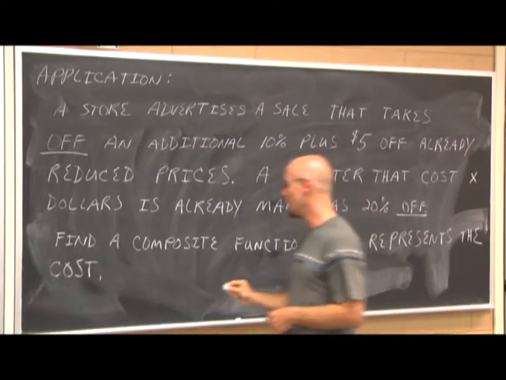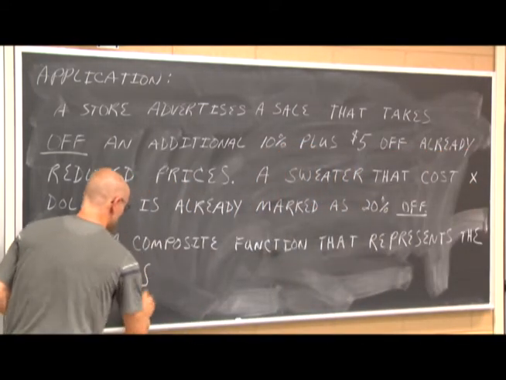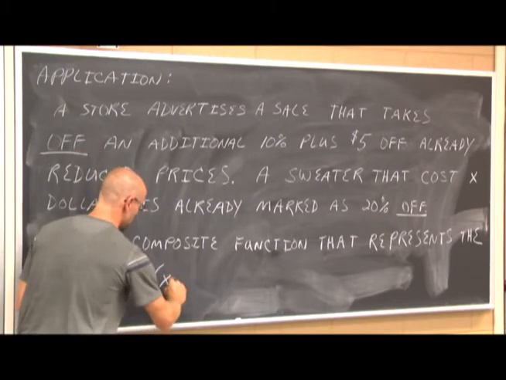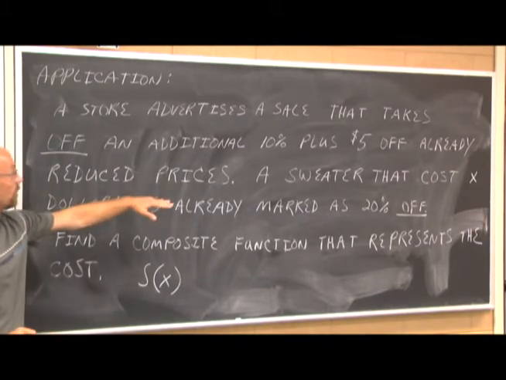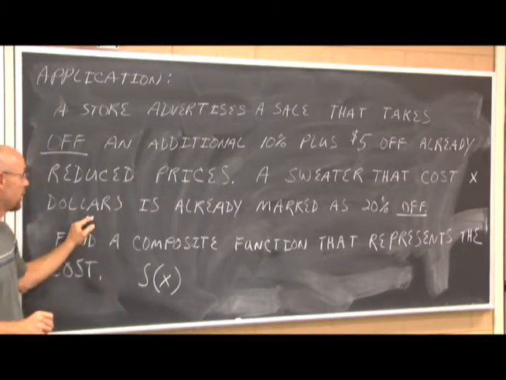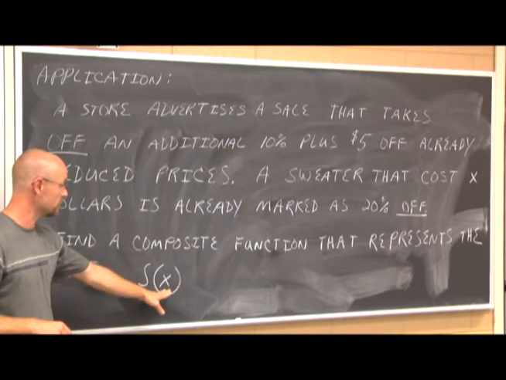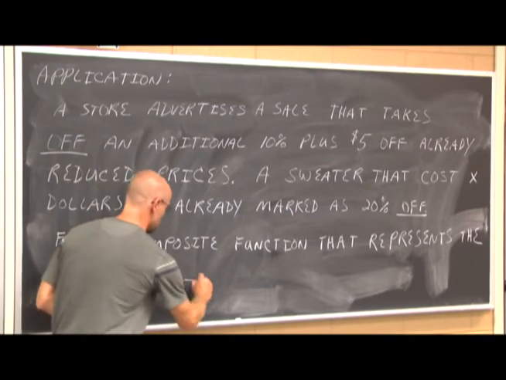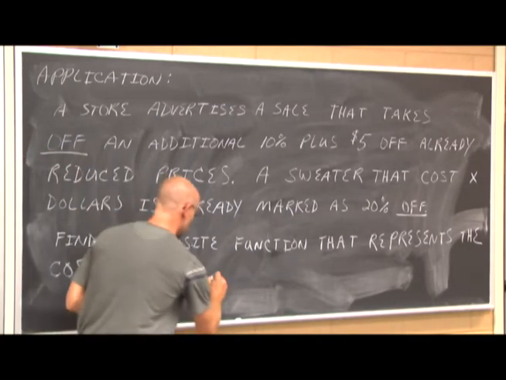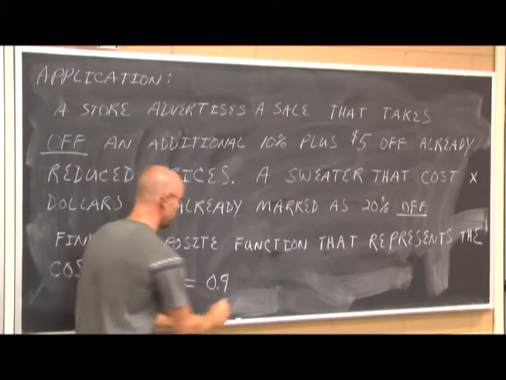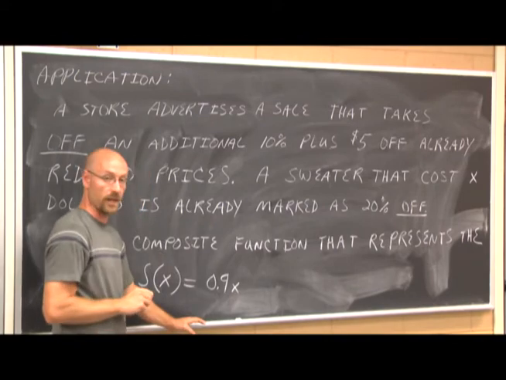So I'll have a function of the sale price, S of x, because we were told the cost is x dollars. I'm letting x represent my variable of dollars. The sale price in dollars is relative to me paying 90%, or 0.9, of the cost of the item.